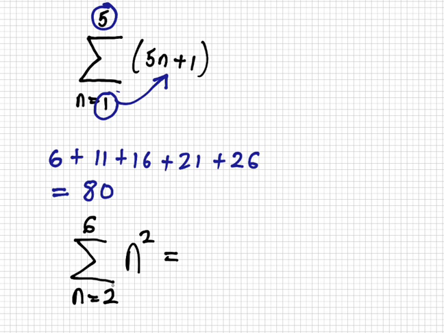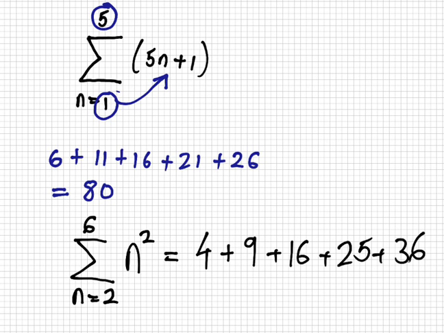So I start with 2. 2 squared plus 3 squared plus 4 squared plus 5 squared plus 6 squared. What's that, please? 90.